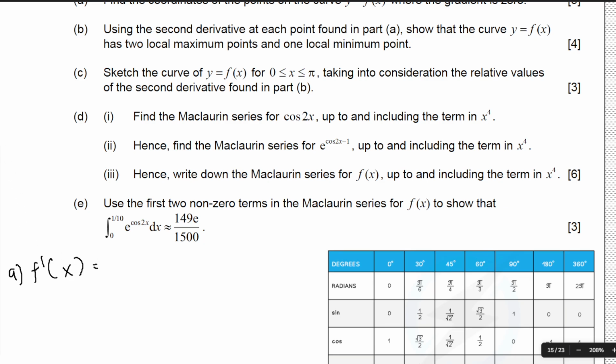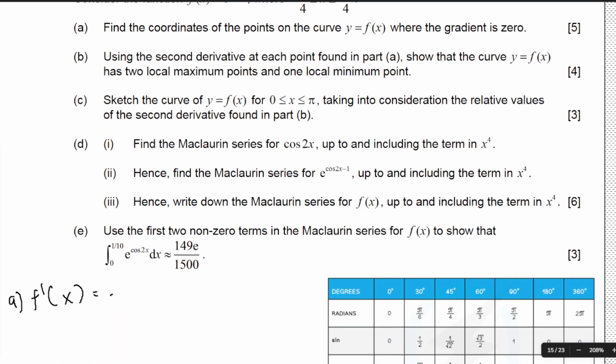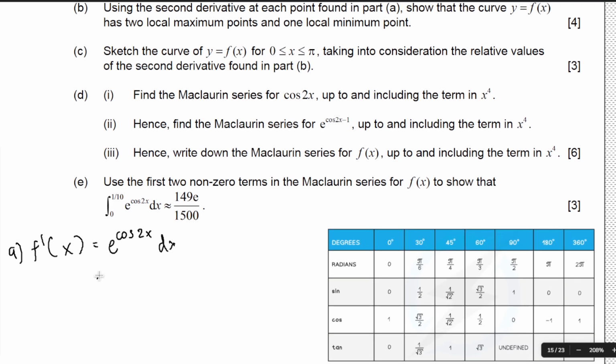would be the derivative of e power cos 2x with respect to x. And by applying our chain rule here, the derivative of the exponent comes down and becomes our multiple.